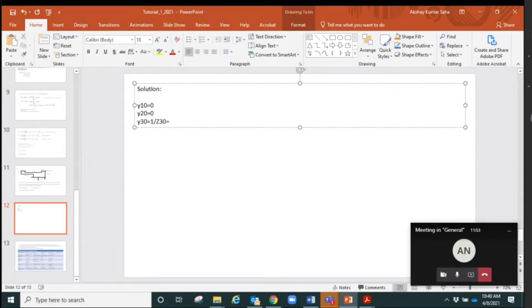So it will be 1 over minus jXC, because it's a capacitance. If we simplify 1 over minus jXC, we get j over XC.